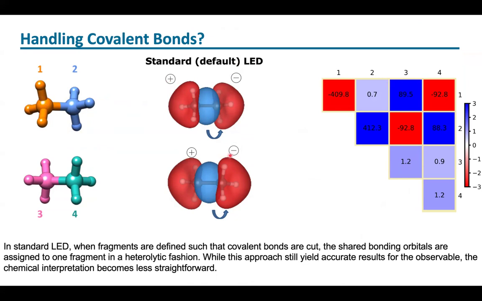This leads to unphysically large interaction energy between the methyl groups, which can be either strongly repulsive if the methyl groups have the same charge, or strongly attractive if they have opposite charges, as you can see here in the heat maps on the right. So while the overall binding energy in this case, that is the observable, is still accurate, the individual fragment interactions become chemically difficult to interpret, which limits the usefulness of the analysis.